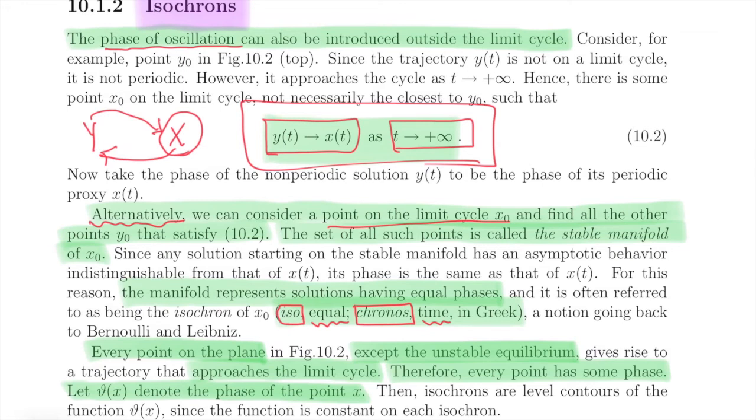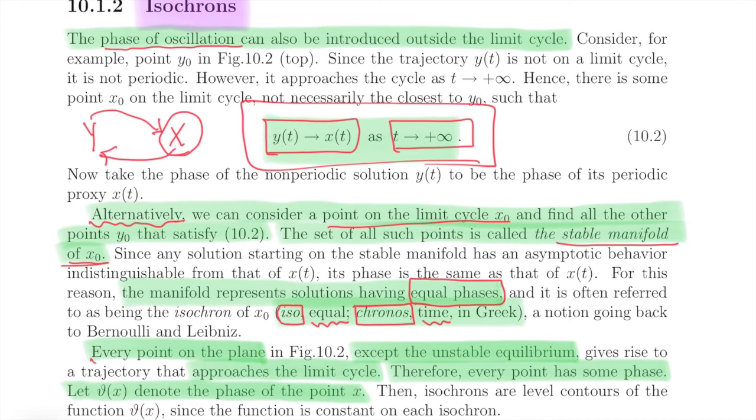The set of all such points is called the stable manifold of x0, or you can say isochron. The manifold represents solutions having equal phases.